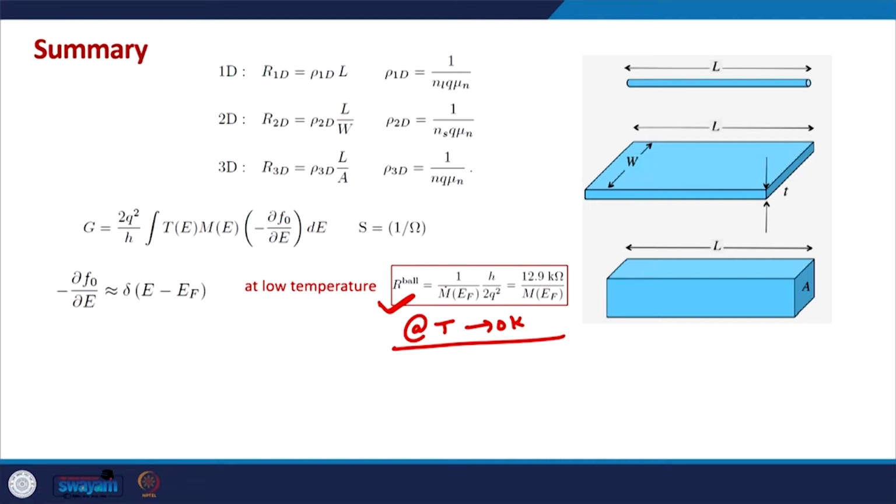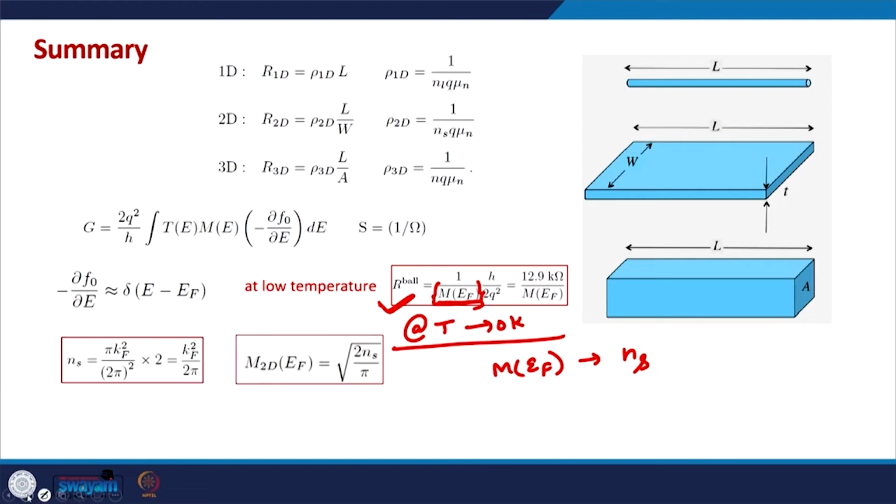So, in this case what just needs to be done is we just need to calculate this M(EF) parameter, which is the number of modes at energy EF at 0 Kelvin. And we also saw that this term, M(EF), can be related to the sheet charge density, number of electrons per unit area in a 2D conductor, and the relationship looks like this.